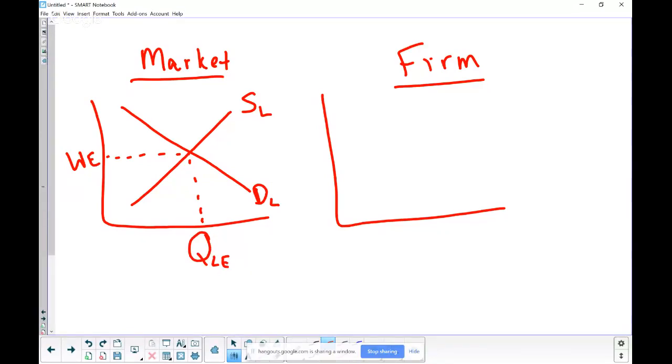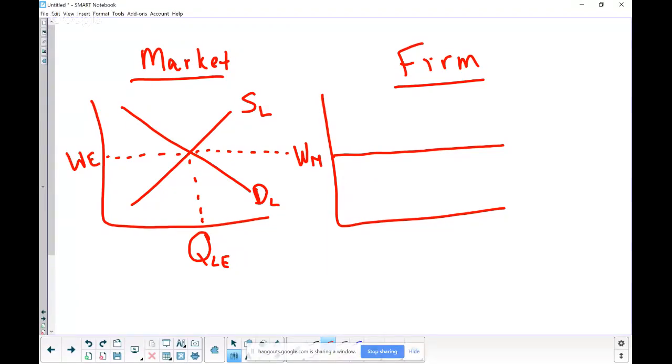Because we're wage takers, we're just going to take this. We're going to continue to call this the wage market or the wage equilibrium. To stay consistent, the AP is going to tell you what to label it. But this is the market wage because we're wage takers. We're going to go across. This is the wage that we're going to be paying people.